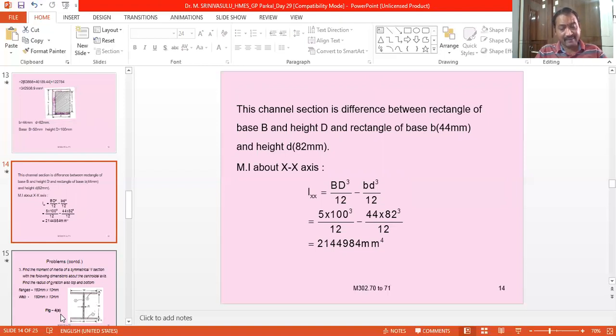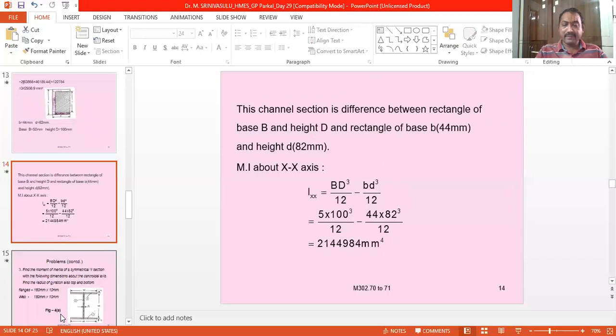Therefore, Ix is equal to capital B into capital D cube by 12 minus small b into small d cube by 12.